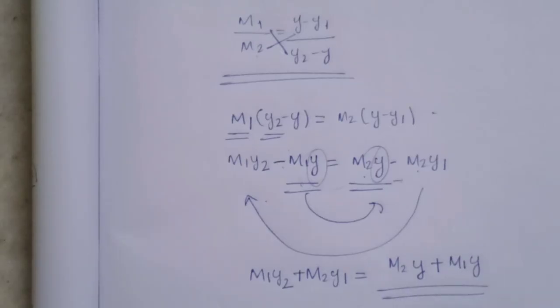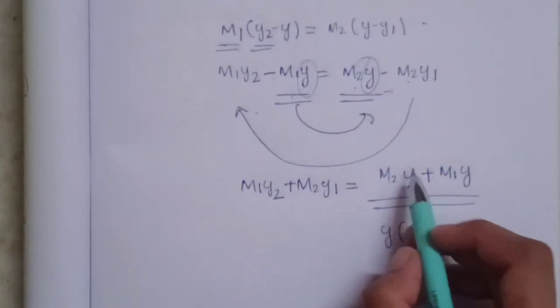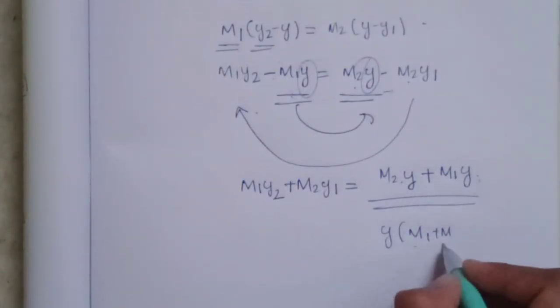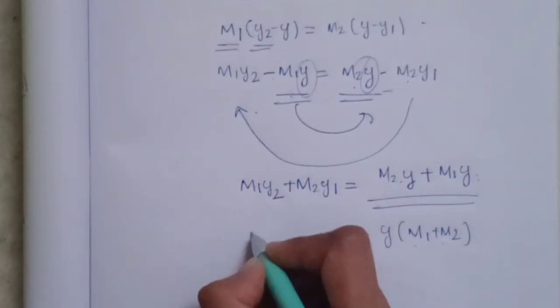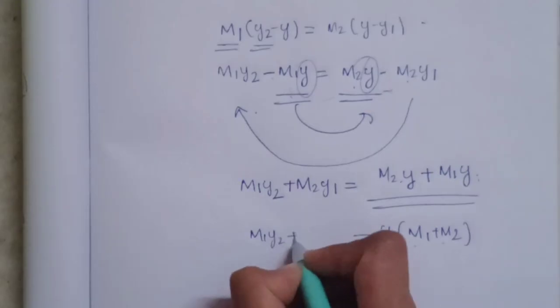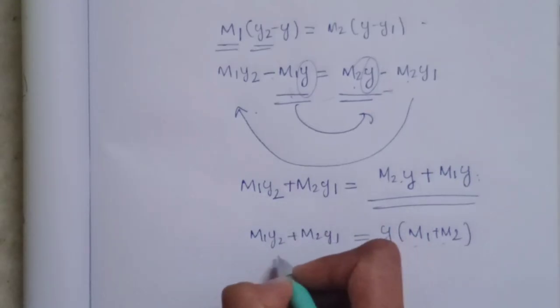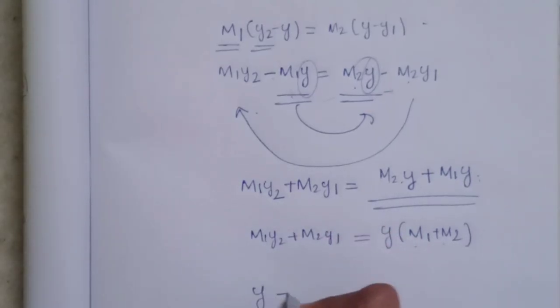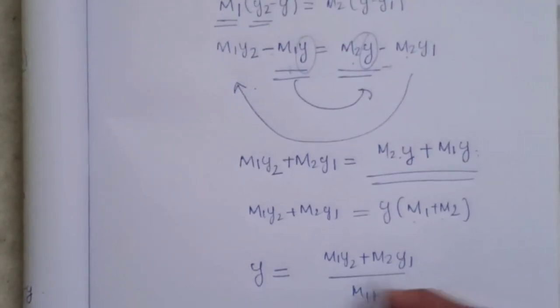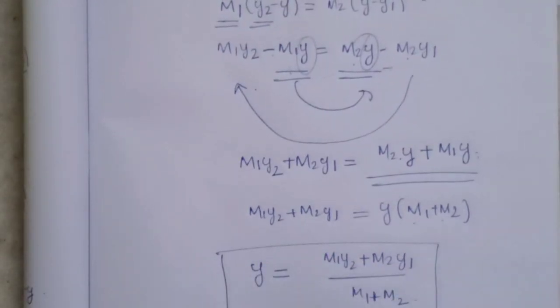Now take y common here, m1 plus m2. Take y common here, it becomes m1 plus m2 is equal to m1 y2 plus m2 y1. Now y coordinate is equal to m1 y2 plus m2 y1 by m1 plus m2. Now we have got the y coordinate.